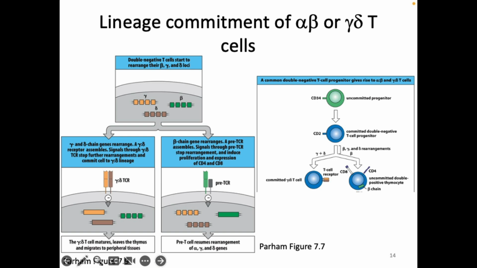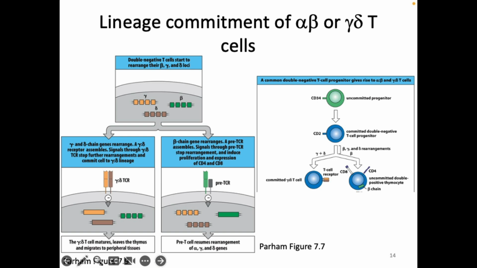So one thing that could happen is we could get a successful beta chain. And if we get a successful beta chain, then that successful beta chain can pair with the pre-T cell receptor, and that will inhibit gamma and delta from further rearrangements.